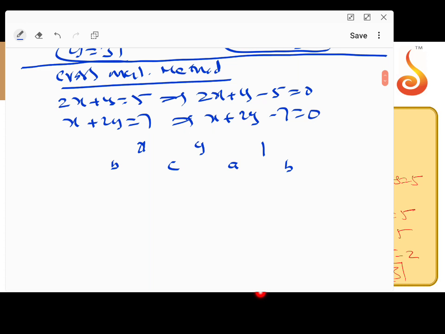Every linear equation is in the form ax plus by plus c equal to 0. So in this one, I start with b and take this c, then a and come back to b. That is the order you can follow. On the left of x, you take b, meaning the y coefficients. On the left of y, you take c, meaning the constant terms.